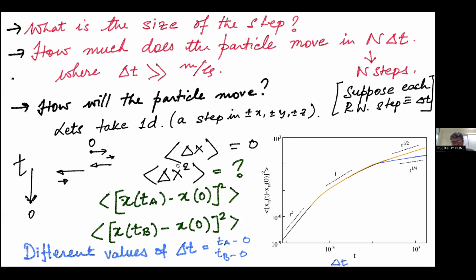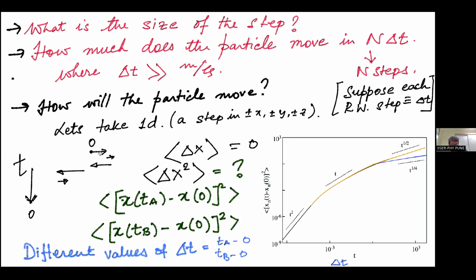If you take a very good ensemble average, after a time ta, say ta has n steps, then the mean you will get is 0. Some particles moved to the right, some to the left, in the absence of any external field. So the better quantity, just like previously, to look at is delta x square.